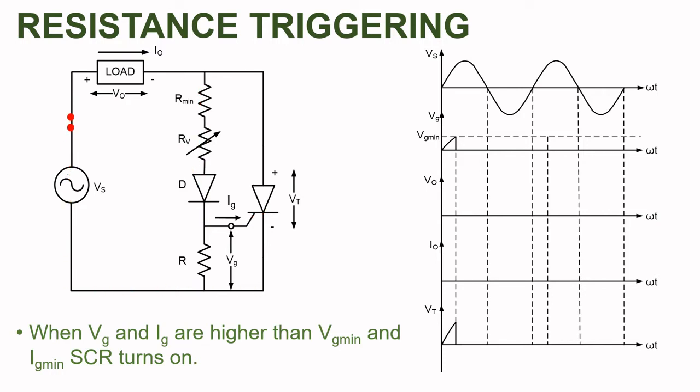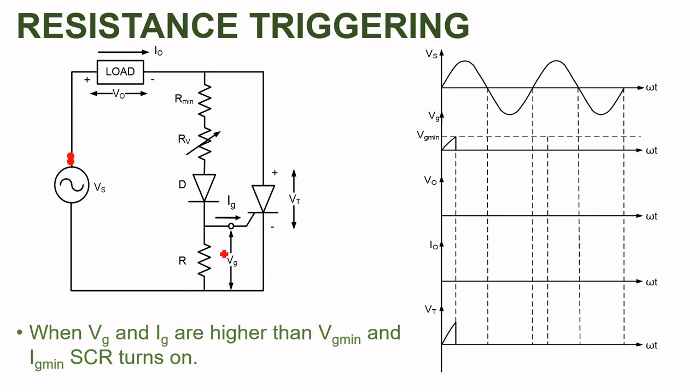If the value of the variable resistance RV is reduced, then the current flowing through this branch will increase. If the current increases, then the voltage drop across the resistance R, that is voltage Vg, will also increase.